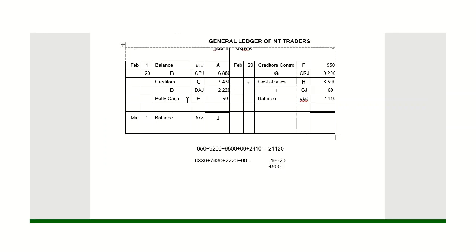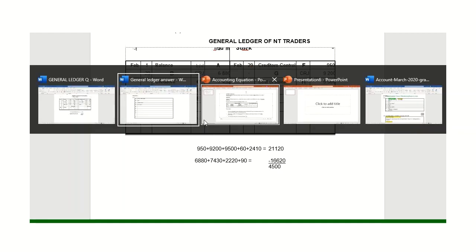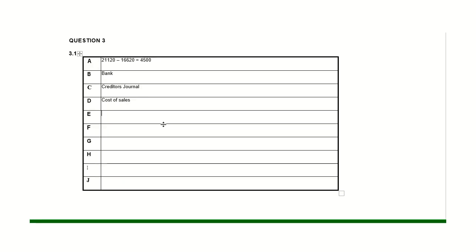E, petty cash. Petty cash would go onto what journal? Payments out of the petty cash goes onto the petty cash journal. So E would be PCJ, or the petty cash journal. Okay, they want the abbreviation in there, so it would be PCJ.